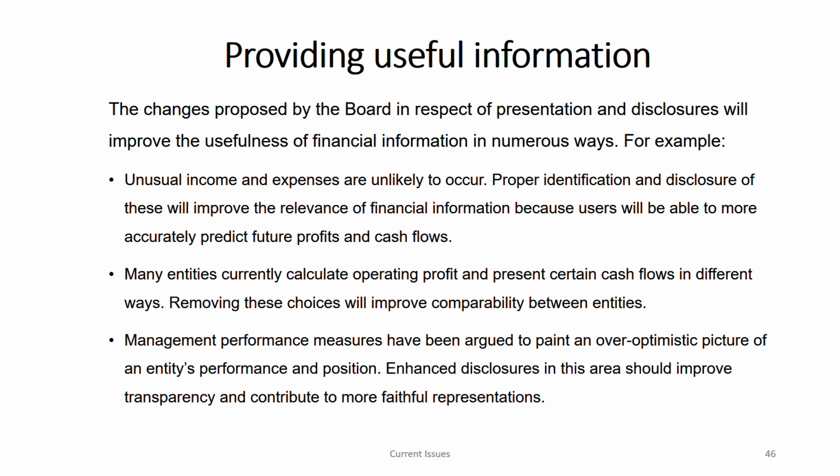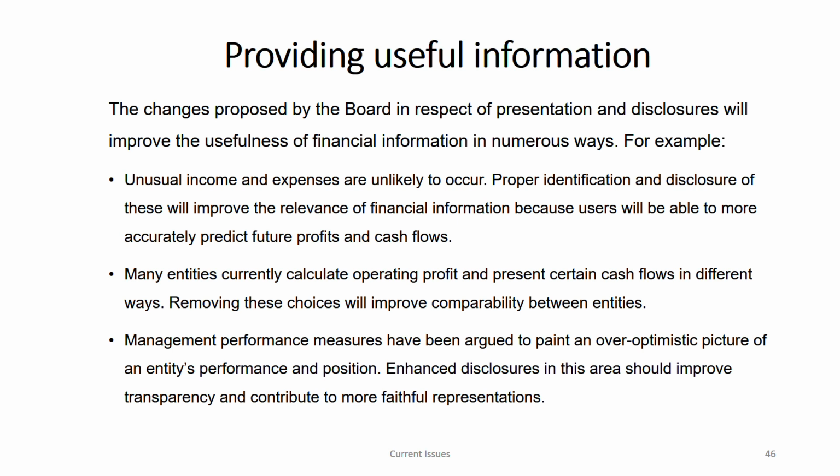Now we are touching on the management performance measure. Usually, when you are giving any management performance measure, it has been argued that you want to present information which gives a better picture, an overly optimistic picture of your company.